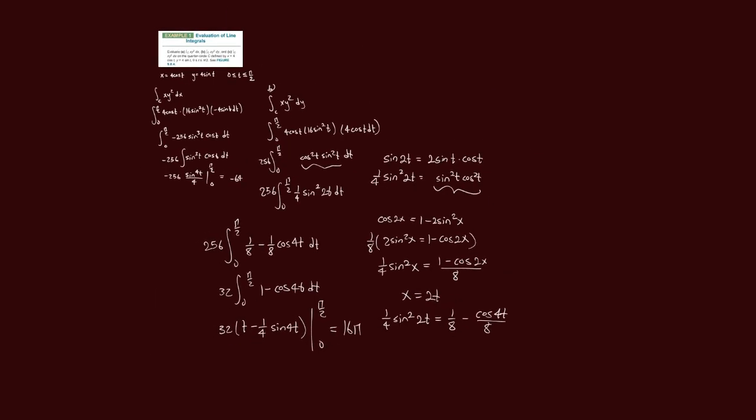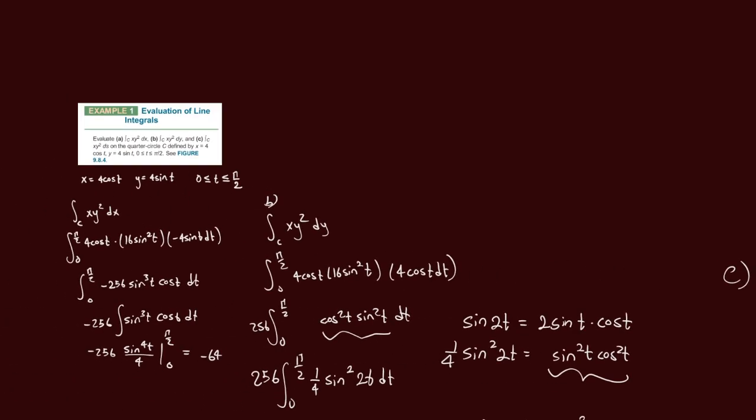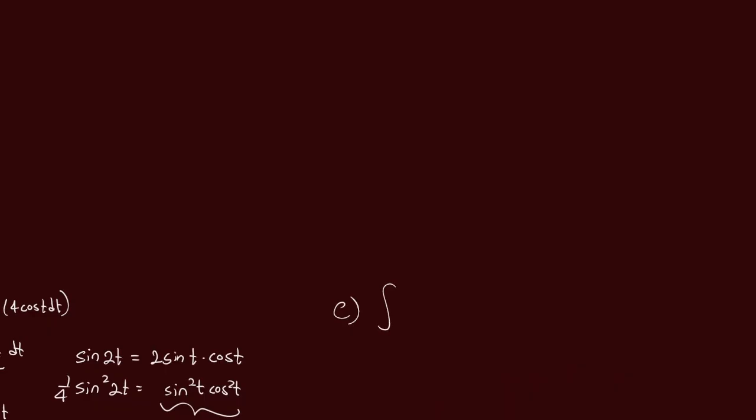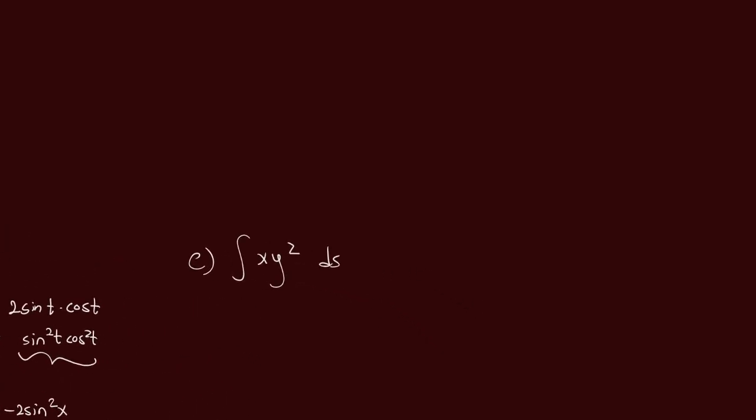Okay? Now let's do the last one. Now we will have to do part C. So for part C, it's integrating x y squared ds. So we have to find a way to plug in for ds.